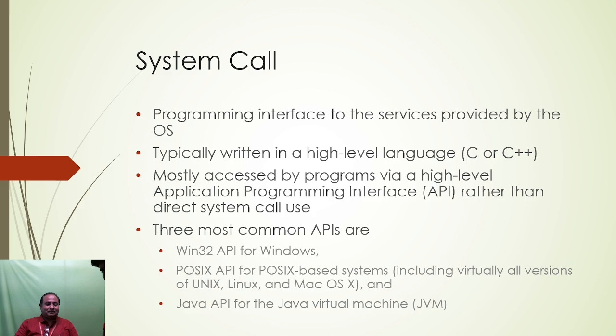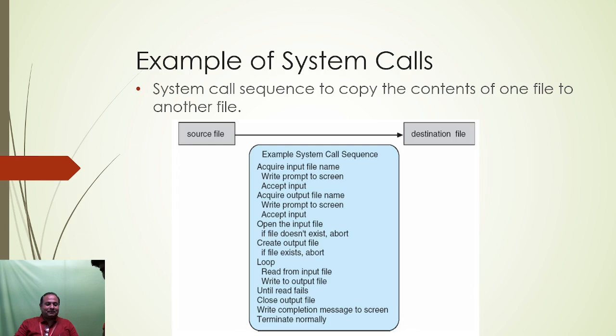Whenever we use a system call, the program is executed depending on it. Here is a sequence of system calls. First, a system call helps to acquire the input file name, next it writes the prompt to the screen, and after that, with the help of another system call, it accepts the input and acquires the output file name, writes the prompt to the screen, also accepts the input, opens the input file, creates the output file, and so on. This whole sequence of system calls is done by the operating system only.